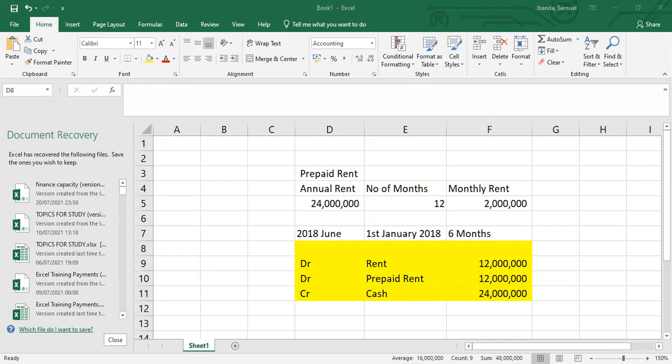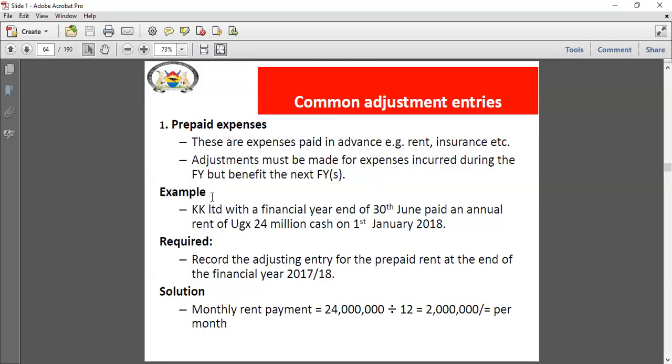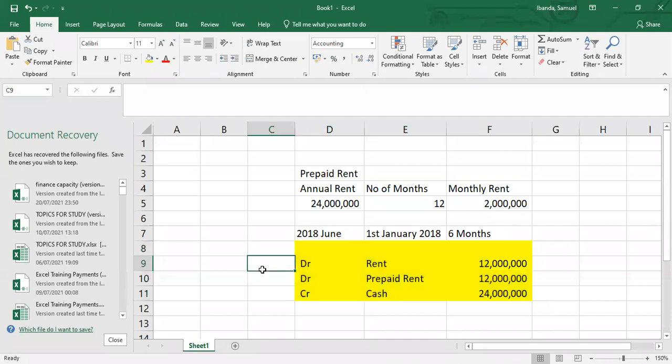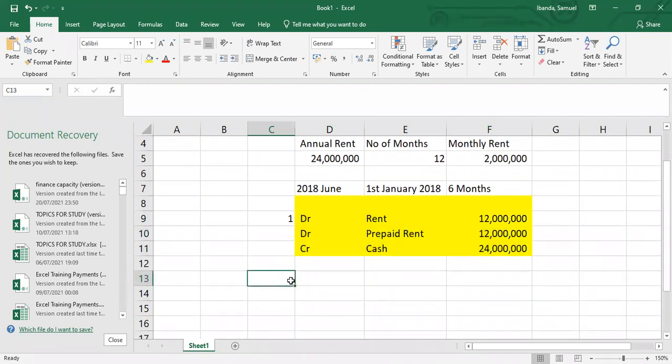If somebody had seen this transaction of KK Limited, which paid an annual rent on 1st January 2018, for them to do a recognition immediately, this is what they will do. So this is scenario one. Now, scenario two is when this is actually realized at the end of the financial year.